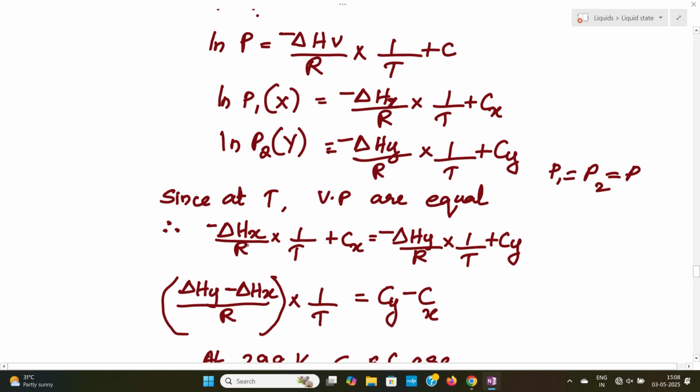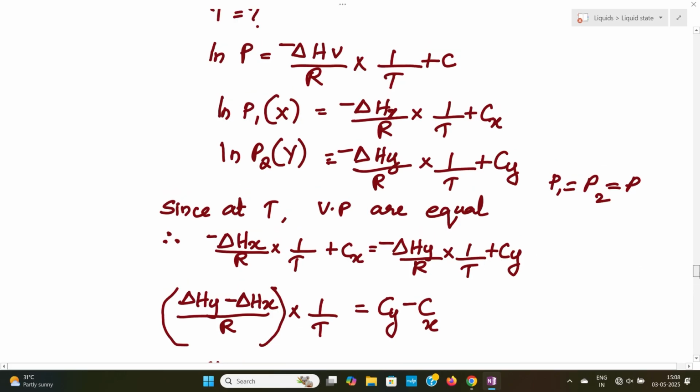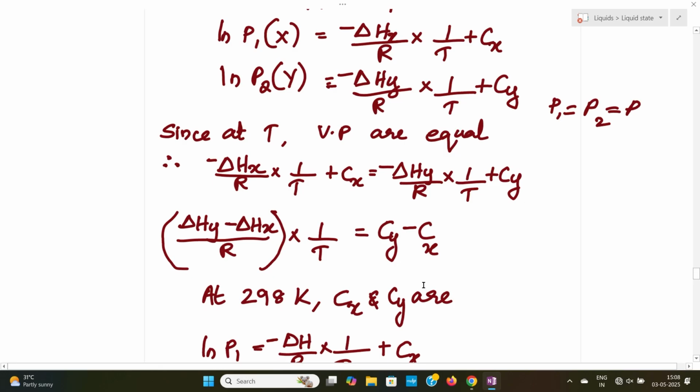So if that is the condition, minus delta Hx by R into 1 by T plus Cx is equal to minus delta Hy by R into 1 by T plus Cy. Okay, here when this minus delta Hy by R comes here, it will be positive.